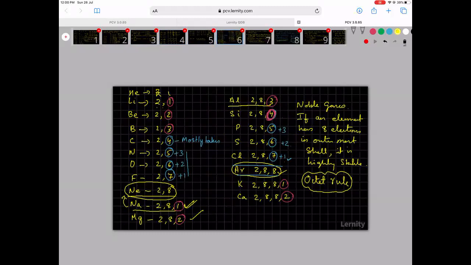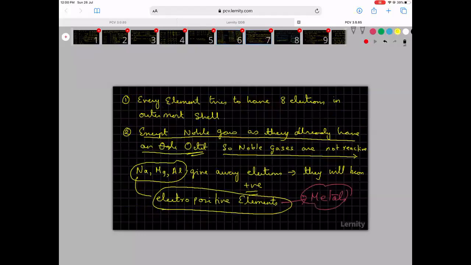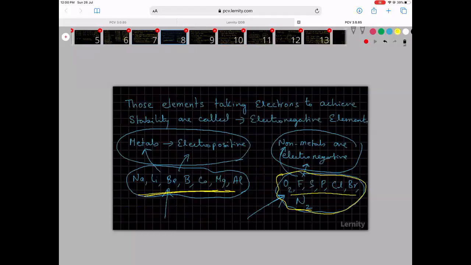They are neutral like the noble gases, and they can be metalloids. Seventh one. Eighth slide. Ninth slide.